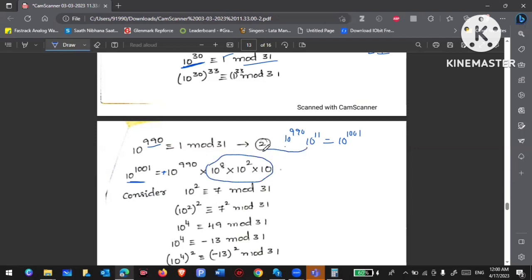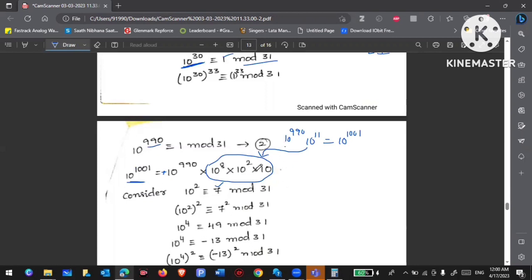This 11 we can split like this, because by small values, by the small value of 10 square, we can substitute this 10 square as 7, and then we can substitute the value of 10^8 separately by calculating.